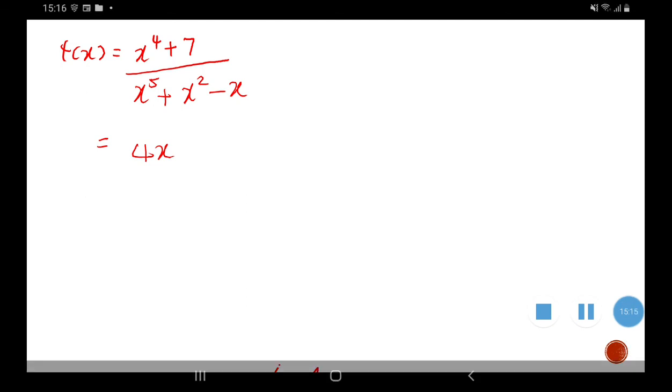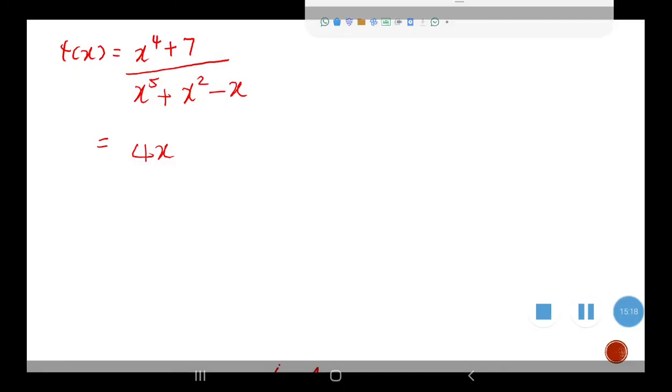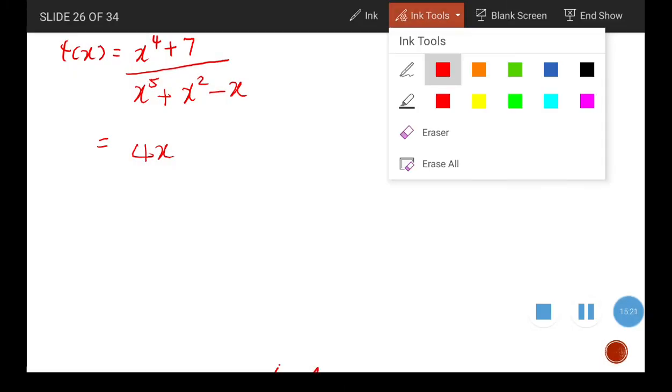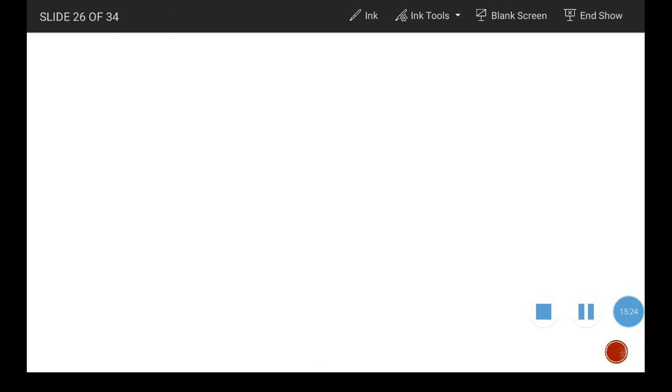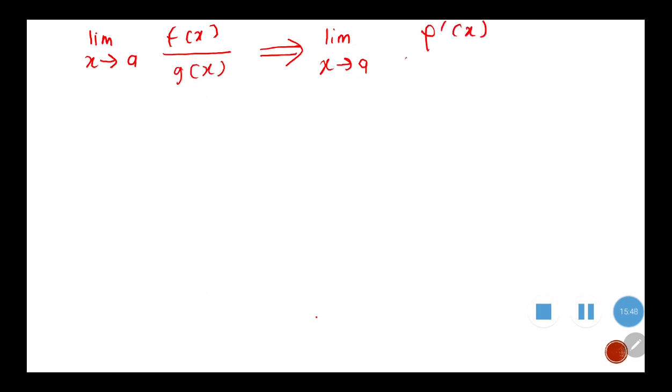Sorry, I got the wrong equation. Let's see here. Sorry guys. Okay, so let me recap the rules again. Differentiate on both levels. Okay, let's look at example 1 here.